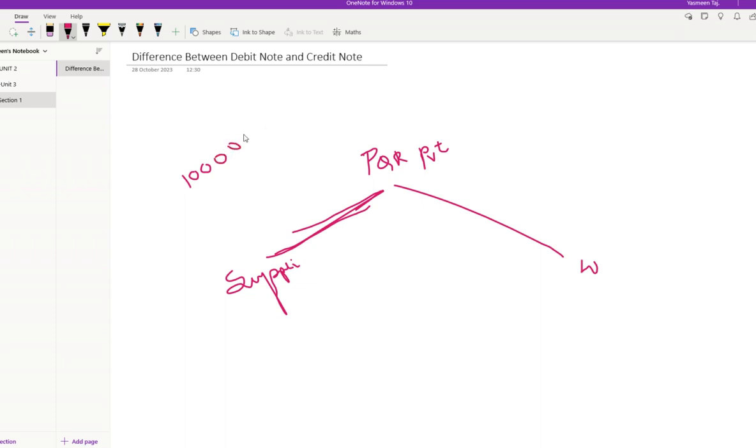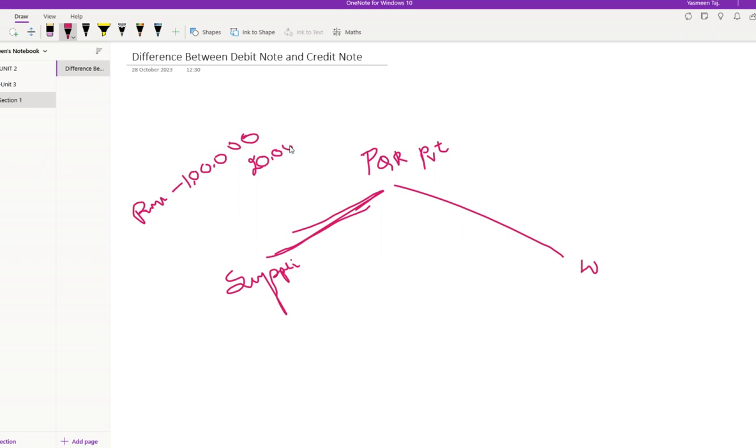What is happening from your perspective? It's a purchase, right? You have purchased business goods worth rupees 1 lakh from this supplier. Once you received those goods, you found that goods worth rupees 20,000 are not meeting the expectations of quality.